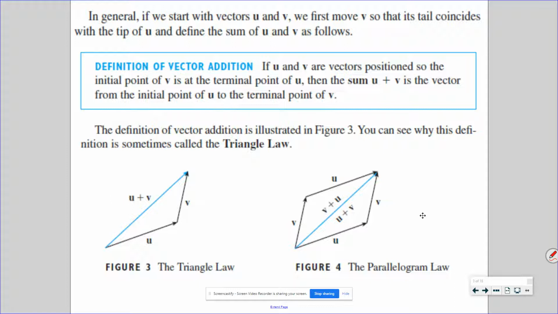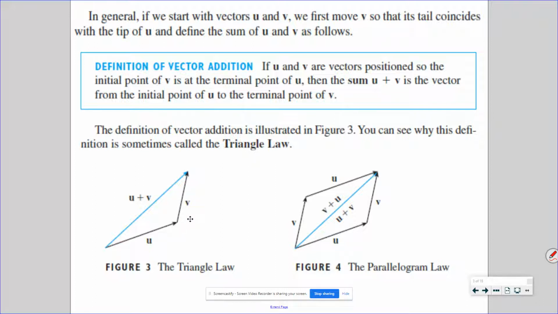Okay, so first thing we're going to do is look at how to draw vectors, vector addition. And there's two ways to do that. I think this parallelogram law is kind of silly, so I'm going to go over here and look at the triangle law. So if you are tasked with taking vectors and adding them together to create the vector sum, you'll take the first vector, in this case U, and you will not change its angle, you will not change its size, you will just draw it on your paper.